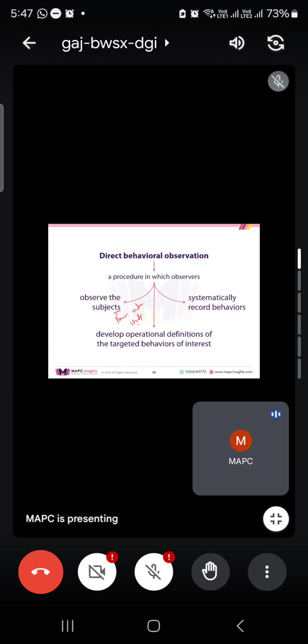As you can understand, all people do not show all the symptoms. So we need to give the operational definition of the variable under study with respect to the symptoms which are visible, ignoring the other symptoms which are not there. That's our operational definition, which clearly defines what exactly the problem is.